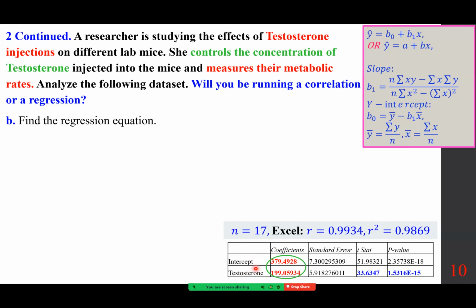So that's the slope. That's the intercept. So y hat, in this case, 199.059, let's say we stop here, x, plus 379.49, and we stop here, changes to 3. So that one is also given from technology.